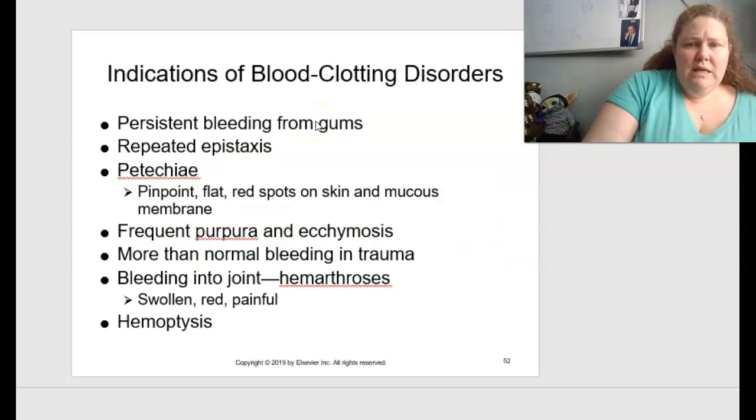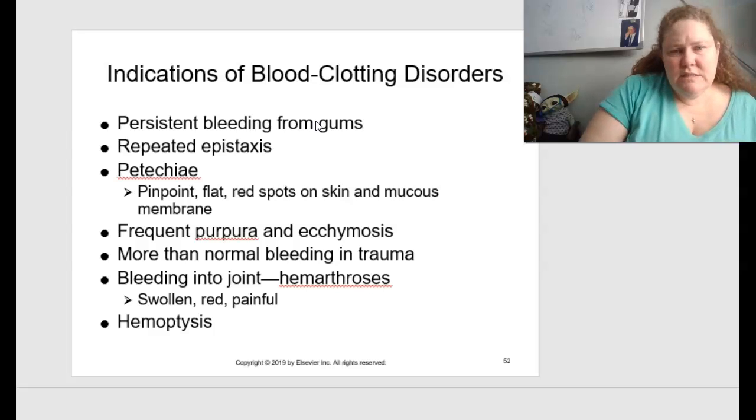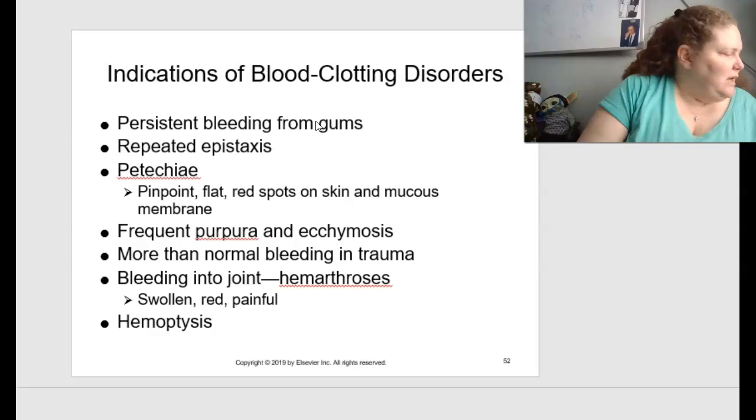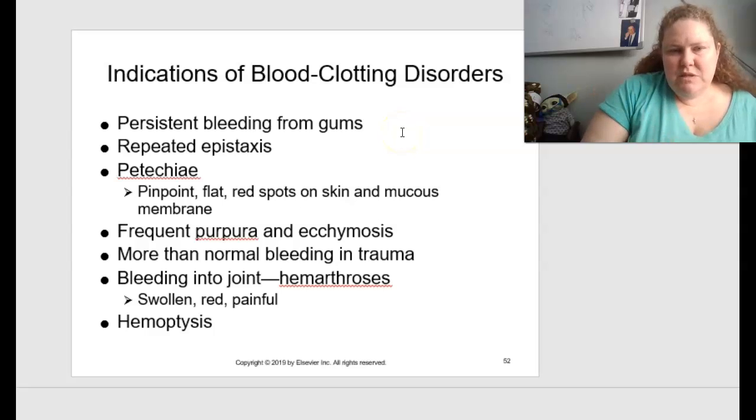So what about indications of blood clotting disorders? These start to be discussed on page 204. Basically, if you have persistent bleeding from the gums, this can be one of the symptoms. You could have repeated epistaxis, petechiae, which are pinpoint flat red spots on the skin and mucous membranes.